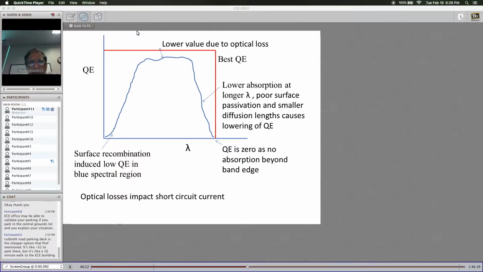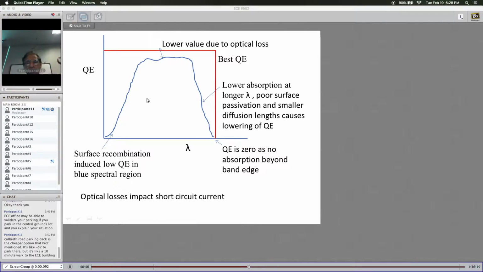So the ideal curve for quantum efficiency is flat at 100%, or a quantum efficiency of 1, and then at the band edge it goes to 0. That's what you like ideally.